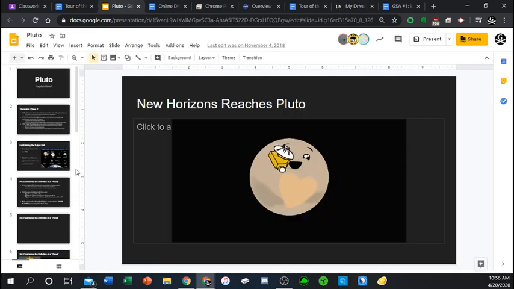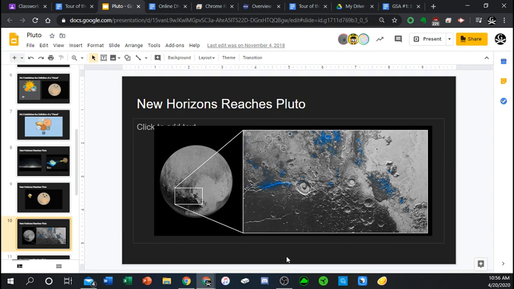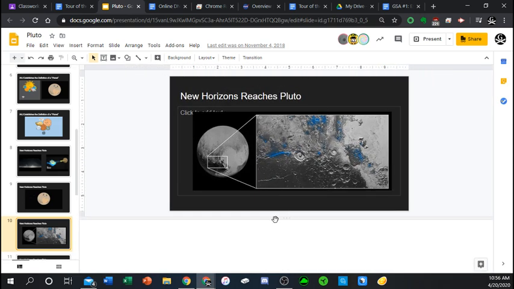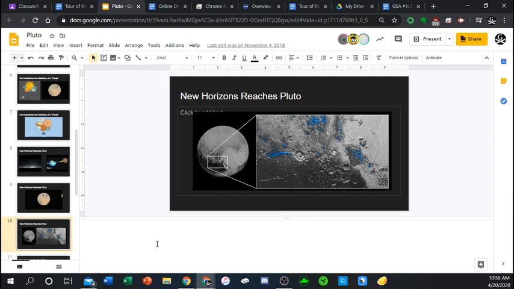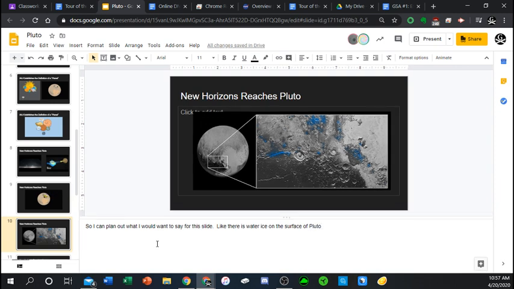And just so you know, when you're making slides, I think I've turned the view off, but there is a little area where you can click and drag up, and you can click to add speaker notes. So I can plan out what I would want to say for this slide. Like, there is water ice on the surface of Pluto, where most of the ice, or frozen water if I'm Ezra, most of the ice is nitrogen.